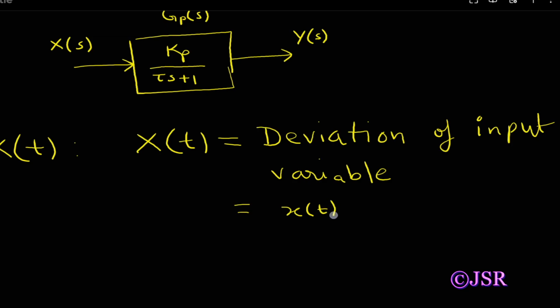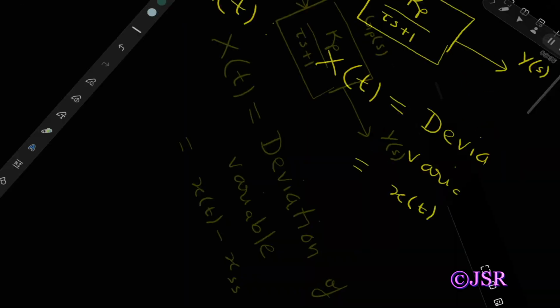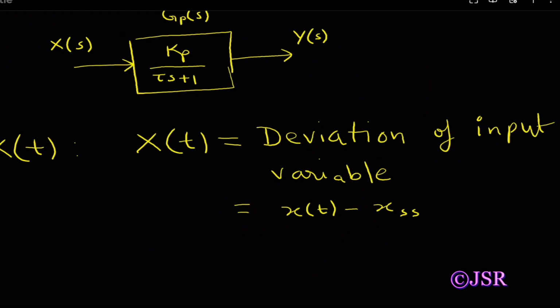And this deviation can be written as small x of t minus x at the steady state, where x subscript ss is the steady state value of the input, and this is governed by a sinusoidal input.